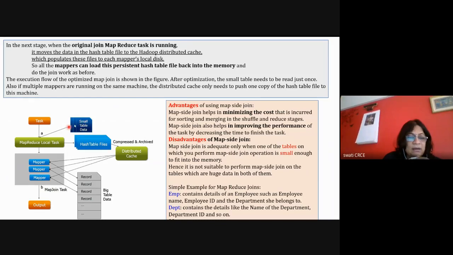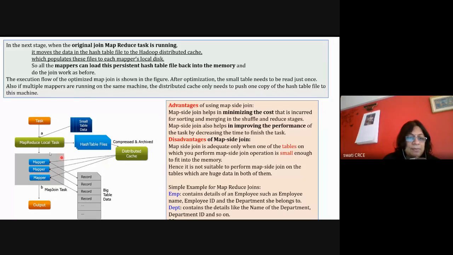That small data is stored at the MapReduce local machine, and it performs some task on that, and it generates a text file, a hash table file, which is available in the distributed cache of your entire cluster. And because of this it is reaching each and every mapper.